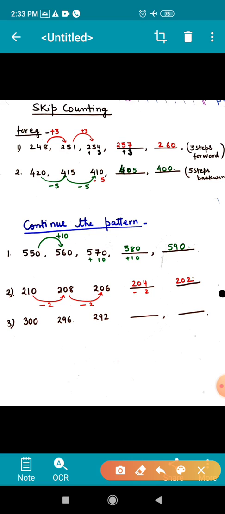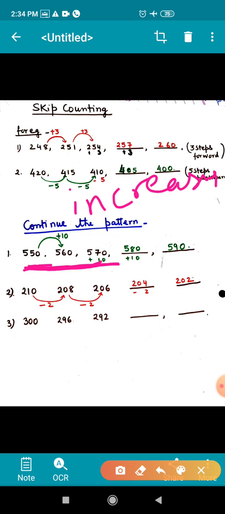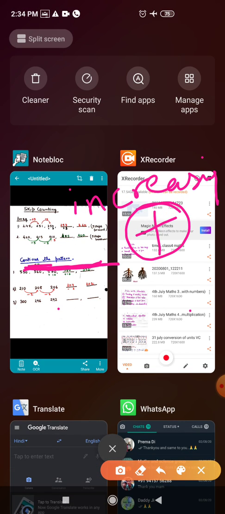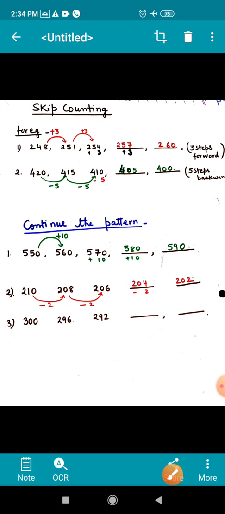So just observe these numbers: 550, 560, 570. Numbers are increasing. Increasing means you have to add. And which number you have to add, children? That you have to again find out.